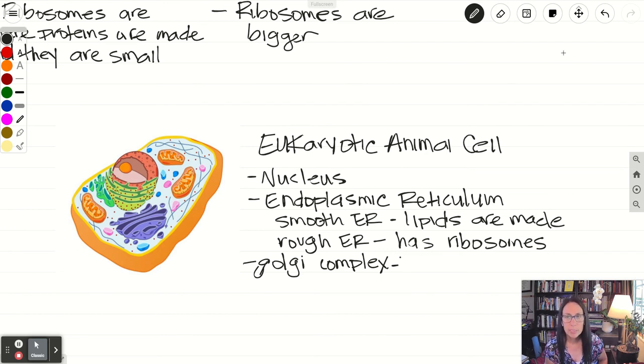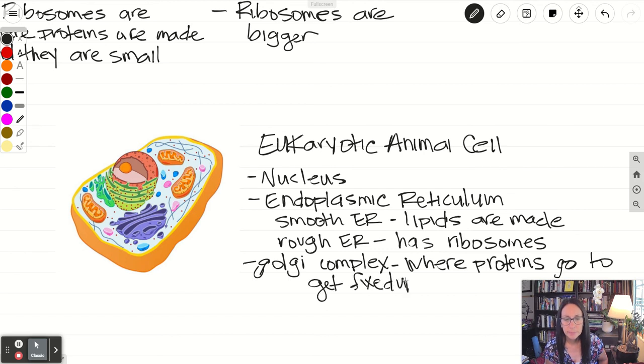So Golgi complex are where proteins go to get fixed up. Okay. And so just, a fresh protein will go there first before it gets released.